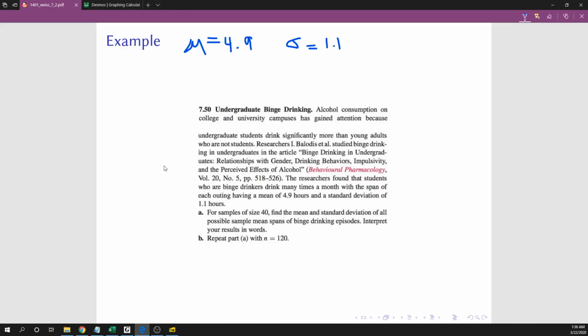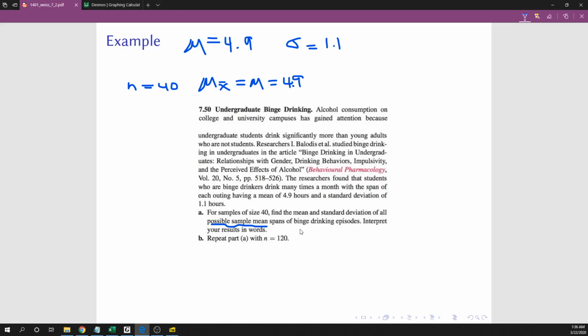Okay, it says for samples of size 40, so n equals 40, right? Find the mean and standard deviation of all possible sample means. All right, so we know that that's mu of x bar, which we know is equal to the population mean, which is 4.9.